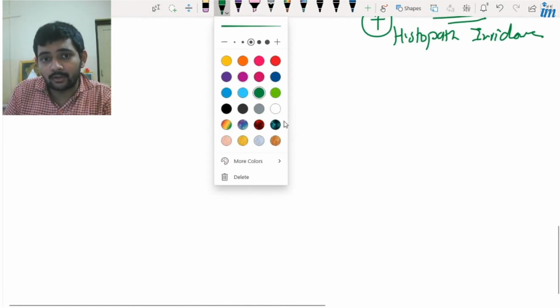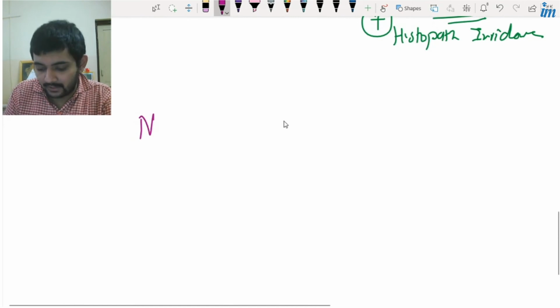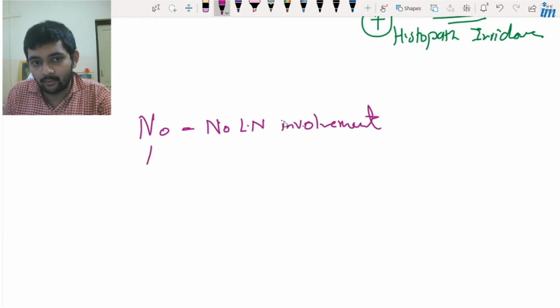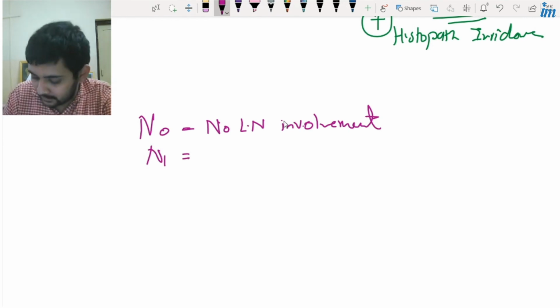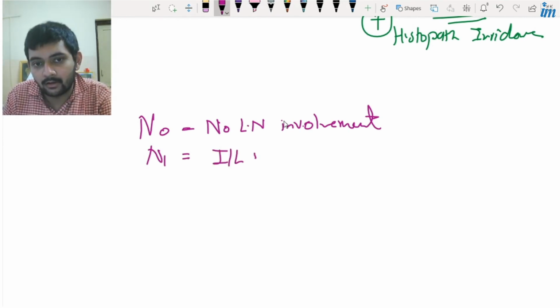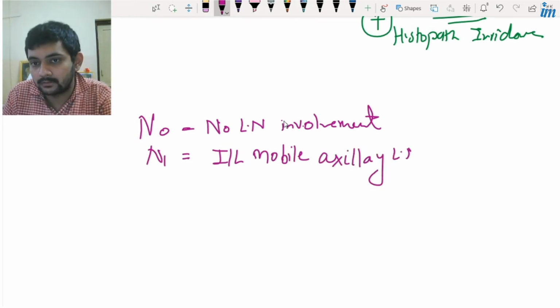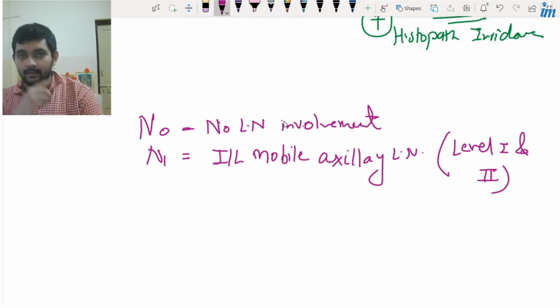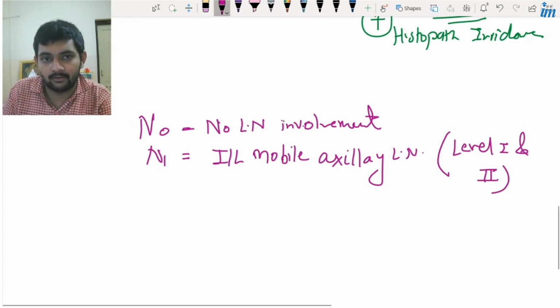Then talking about the N staging. Now N staging, N0 means there is no lymph node involvement. LN means lymph node. Then you have N1, where N1 is ipsilateral mobile axillary lymph nodes. Now at which level? That will be level 1 and 2. In the earlier few videos we have already discussed what is level 1, level 2, level 3.